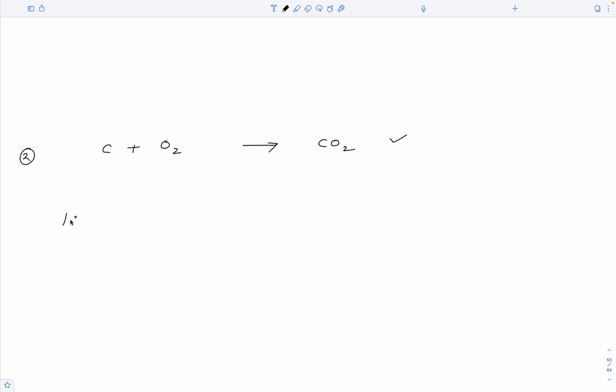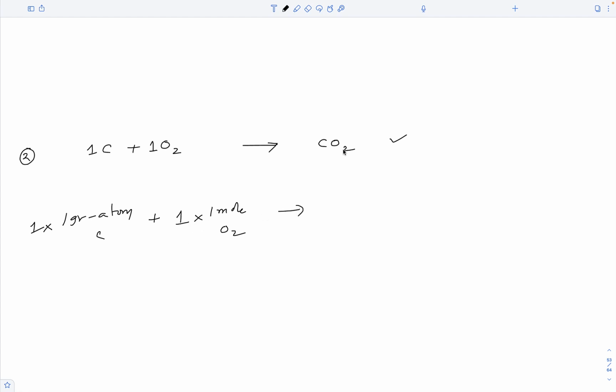So we have to write 1 gram atom of carbon multiply it with its stoichiometric coefficient, that is 1. If there is nothing, we have to imagine a 1 there. O2 is the molecular formula of oxygen, so we have to say 1 mole of oxygen and multiply it with its stoichiometric coefficient, and it is again 1.